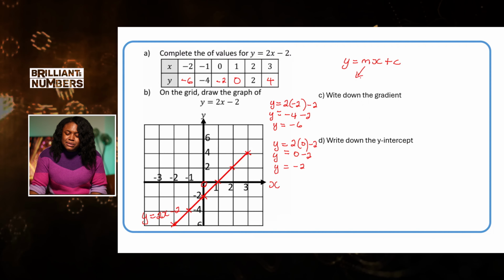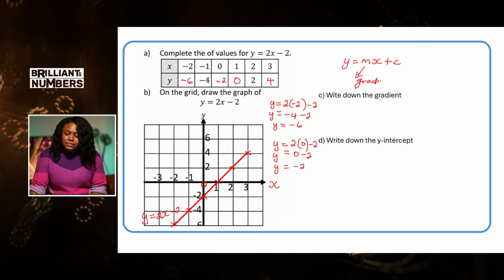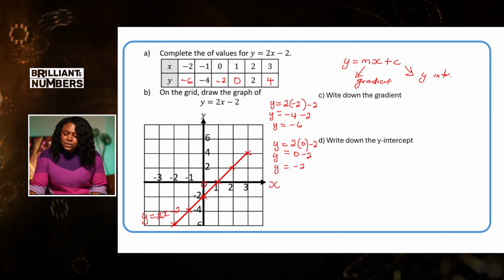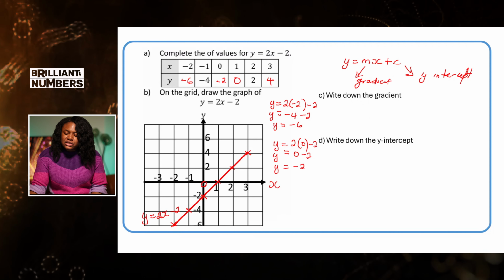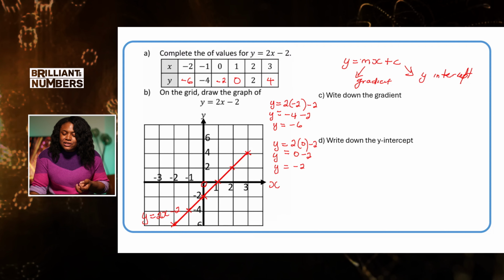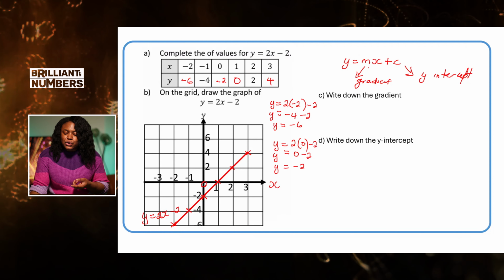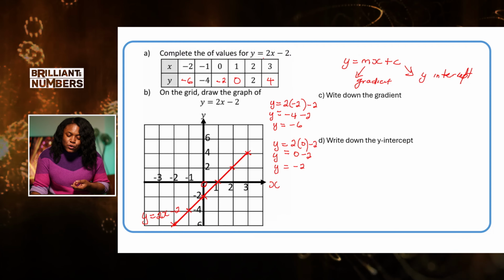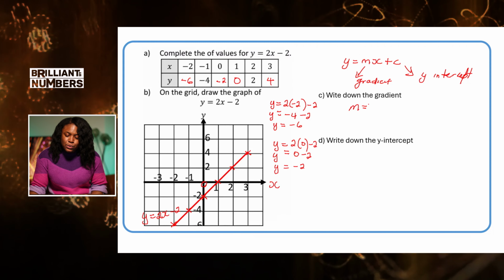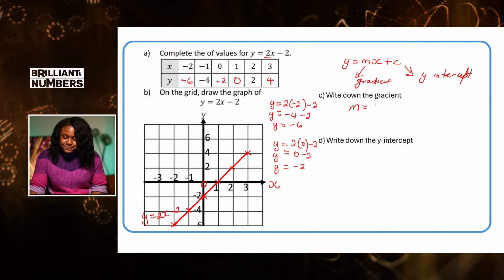So m is my gradient and c is my y-intercept. All I need to do is check in the equation what the coefficient of x is, because m is the coefficient here. So the coefficient of x will be my gradient. Therefore m is equal to 2.